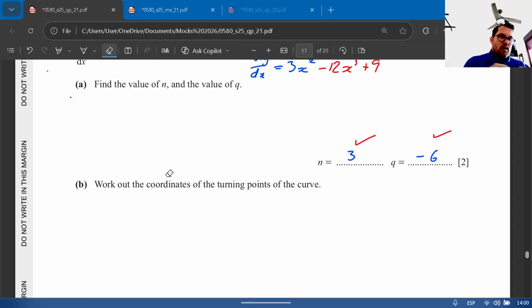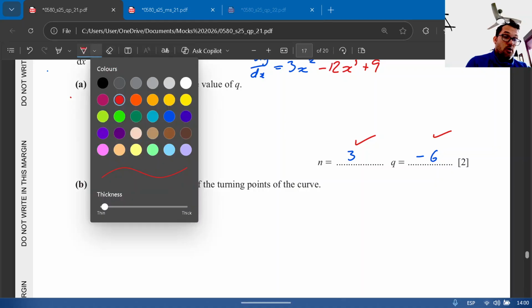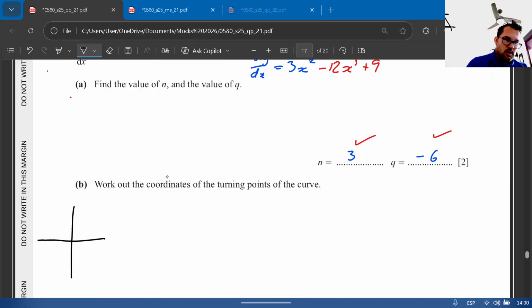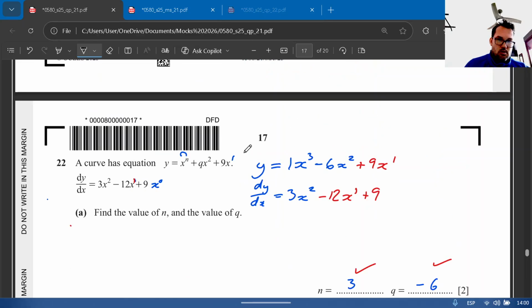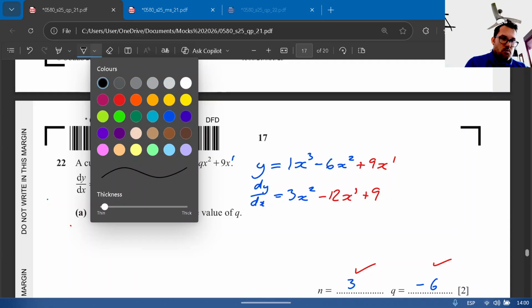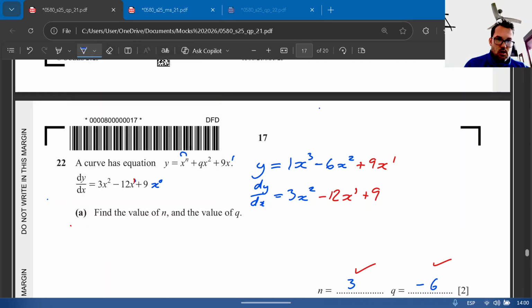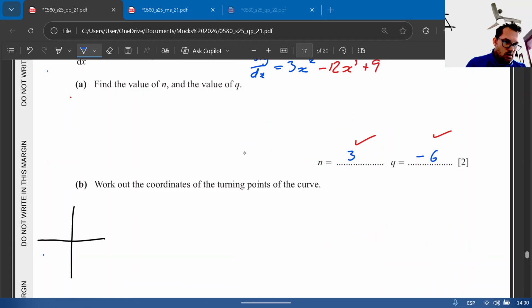Okay, so remember now, if you have a curve, there's the x and the y axis. Because this is a cubic graph, we'll have something like this, and we'll have two turning points there and there.